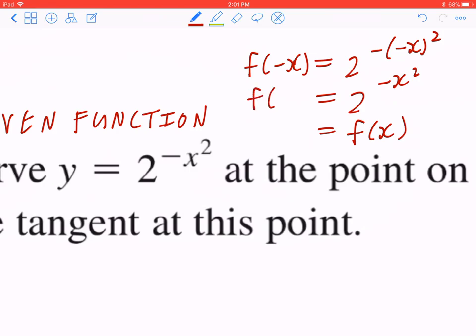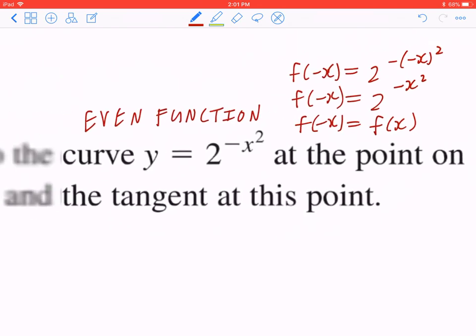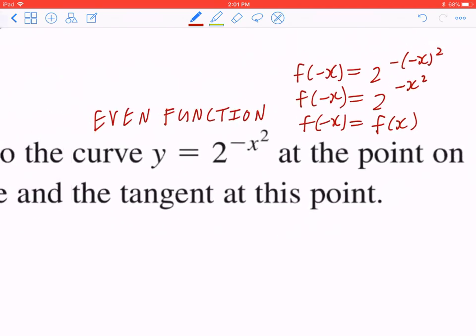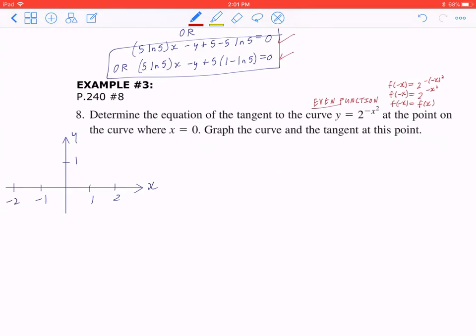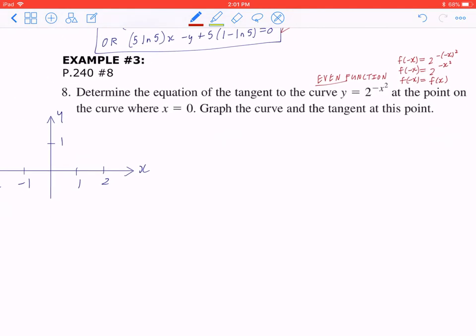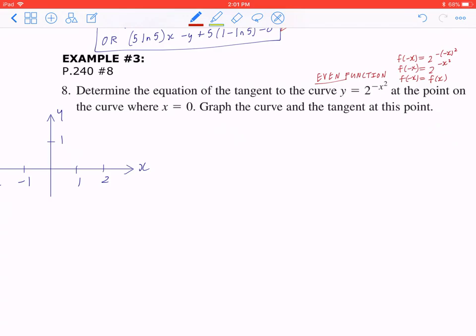The fact that f of negative x equals f of x verifies that the function is even. That's important because when you graph only half of this, let's say the left hand side or the right hand side, there's a reflection with respect to the y-axis, and we'll confirm this at the end.